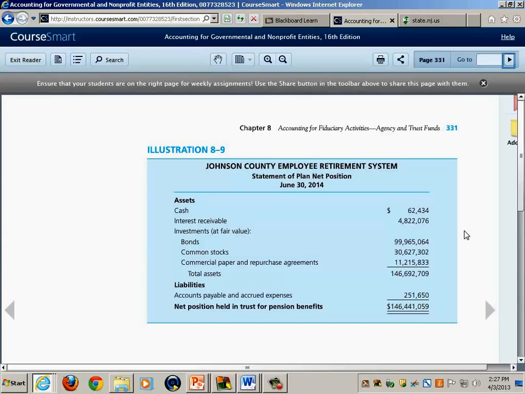I want you to understand that pension plans come in different flavors. You could have one pension plan for one employer. What is it called? A single employer plan. You could have one pension plan for many employers, which is called an agent multiple employer plan.